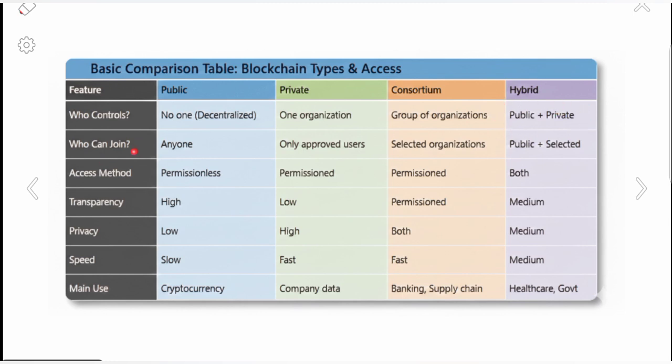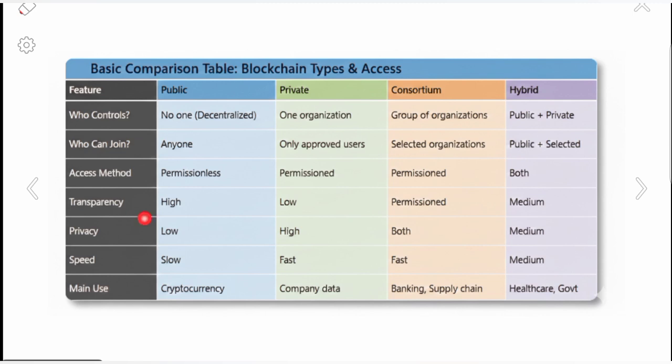Okay, who can join? Anyone can join the public blockchain. Only approved persons can join the private blockchain, and persons approved by certain organizations can join the consortium blockchain. And the access method is permissionless for public blockchain and permissioned for both private and consortium blockchains. In the hybrid we are mostly using both features of public and private, so that's why I am not discussing the private here.